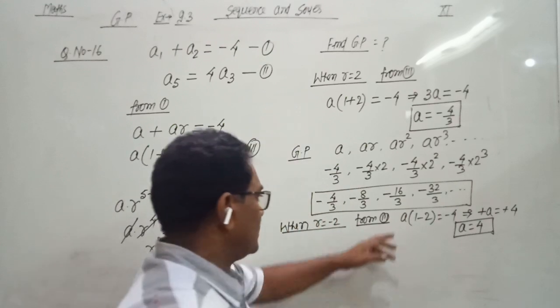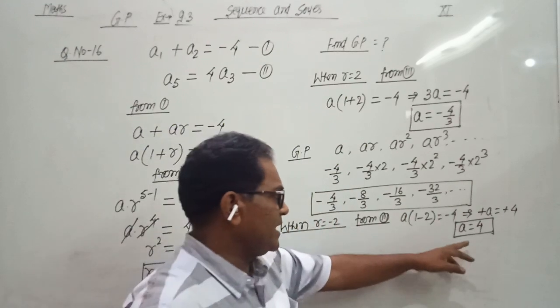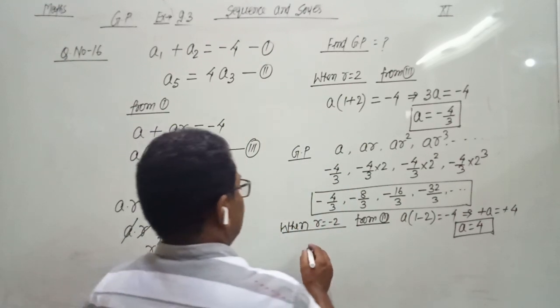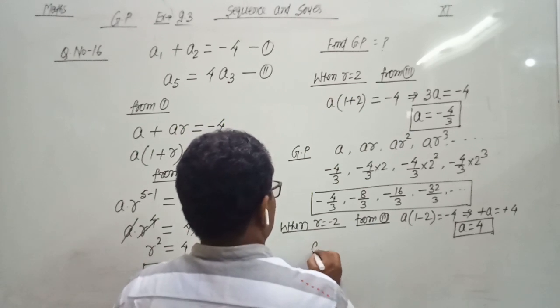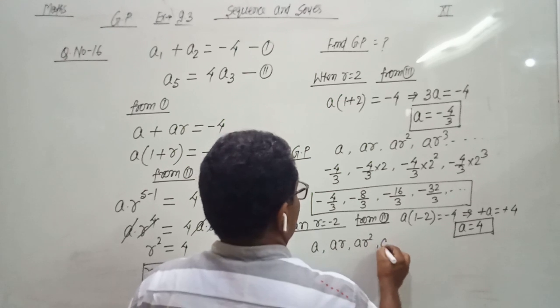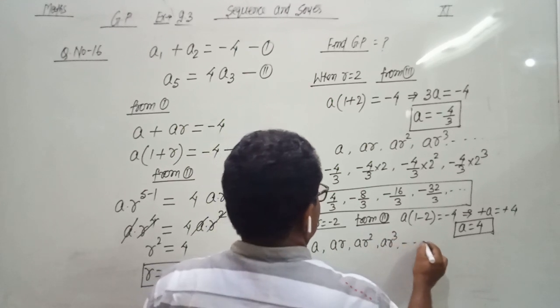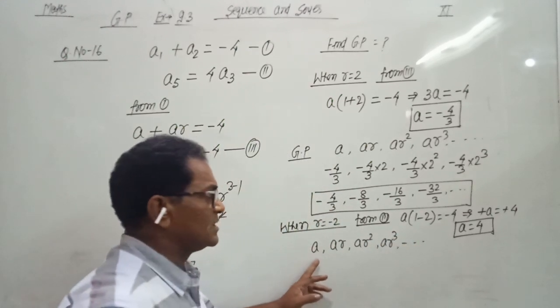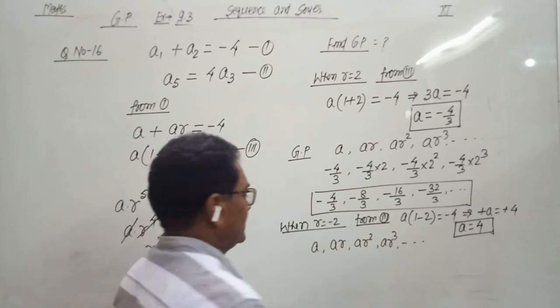So when r equals to minus 2, then a equals to 4, and then the GP is given by a, ar, ar square, ar cube, and so on. Now again put the value of a and r.